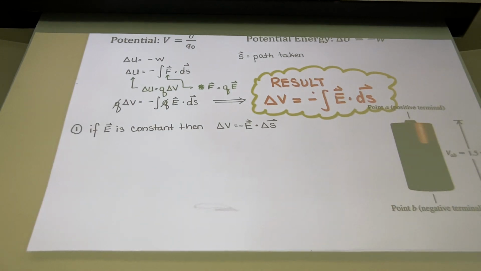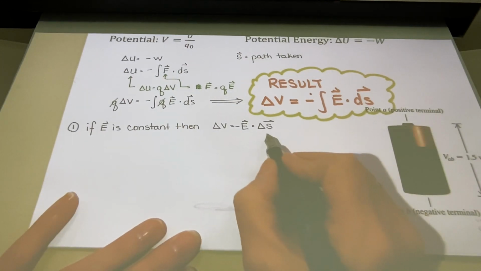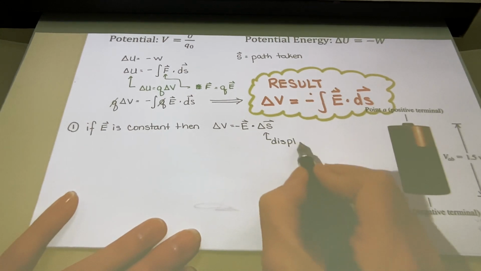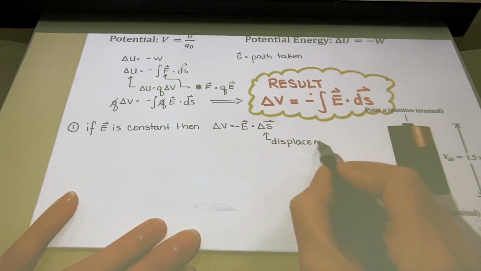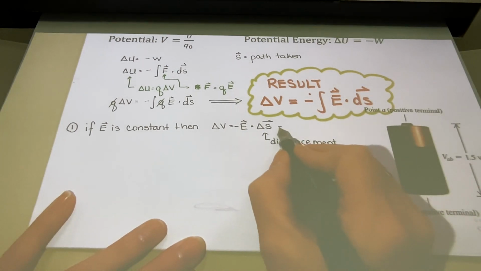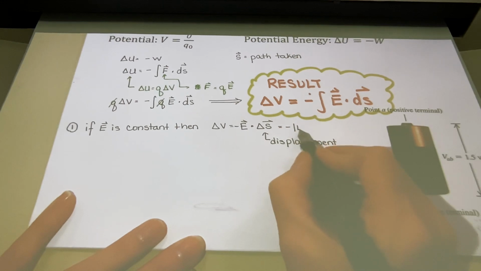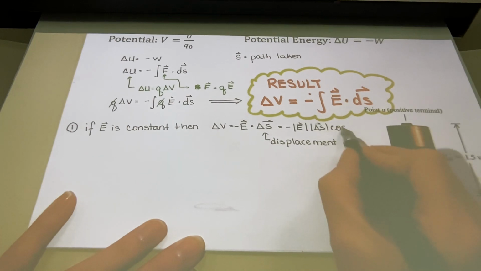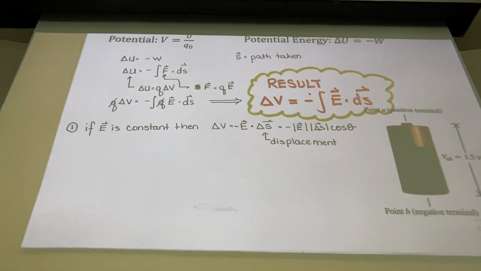And then you would do that dot product the usual way. That would be the negative of the magnitude of the electric field times the magnitude of the displacement times the cosine of the angle between them. That's one way to find a dot product or a scalar product.